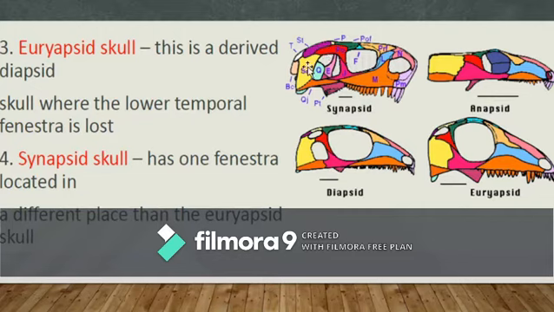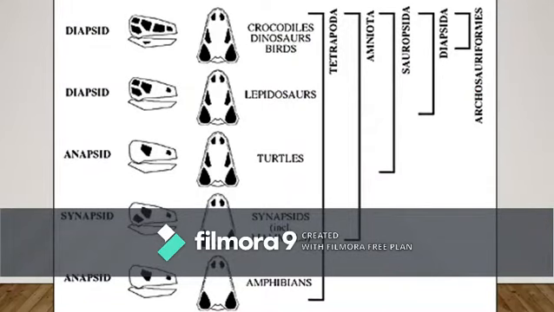So this is the diapsid skull. If you check the other diagram, we have here the diapsid skull, another diapsid. So you have the upper and lower temporal opening, the anapsid, the synapsid, and another anapsid.